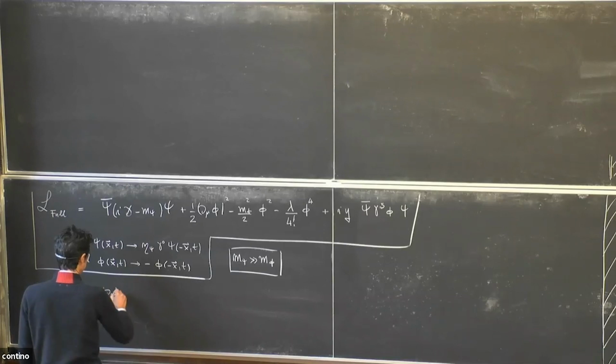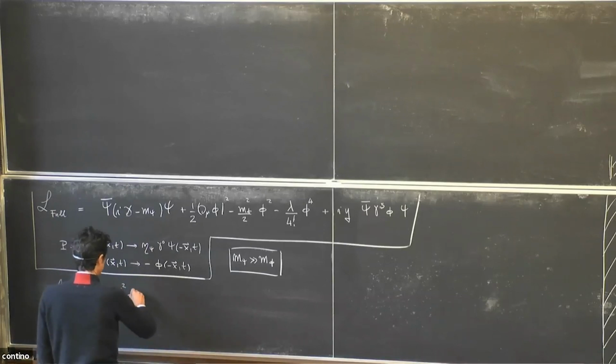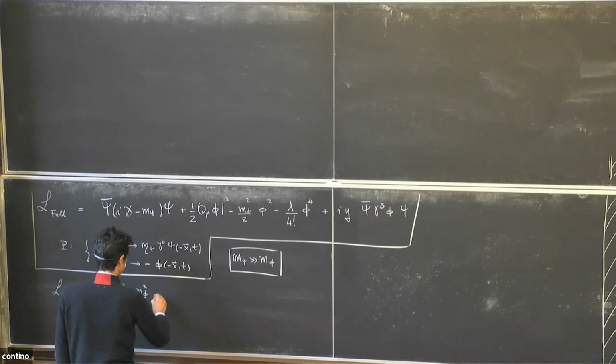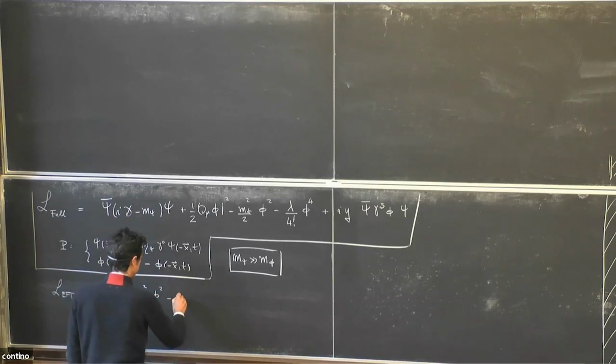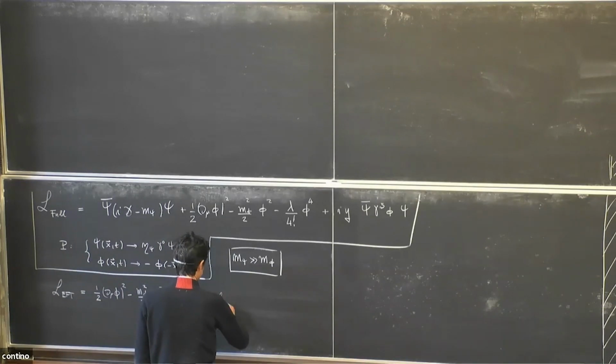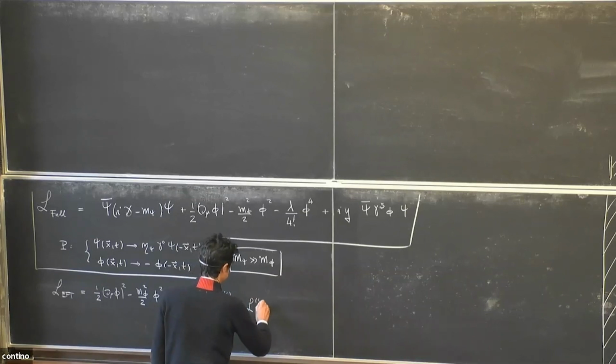So there will be, again, a kinetic term, a mass term, a quartic interaction, plus a series of higher dimensional operators, in particular dimension 6, dimension 8, and so on.